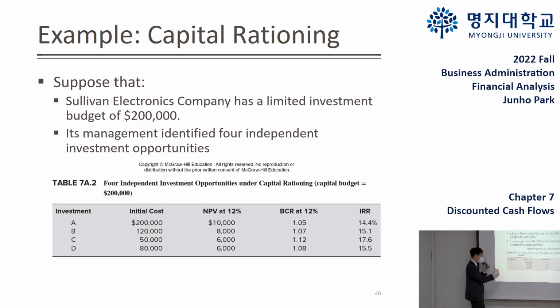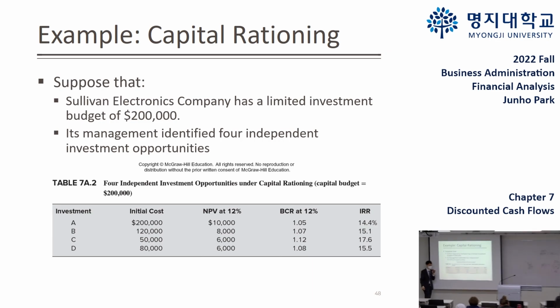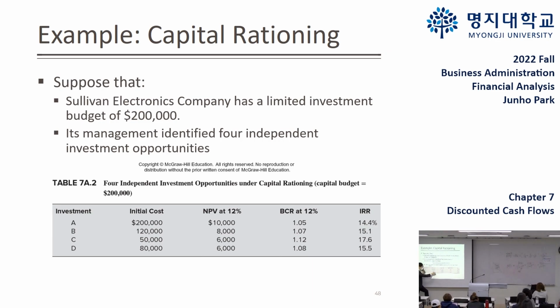You have to choose some of the combination because although it seems that the project A's NPV is very high, is the highest among the others, by choosing this, you will lose the other opportunities. Therefore, it is better to have small 2 investments together than having one large investment project, right?